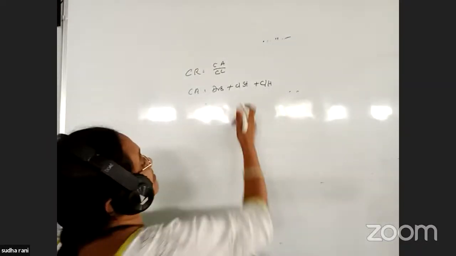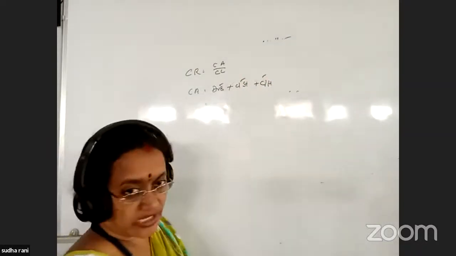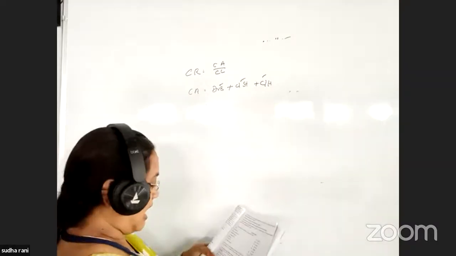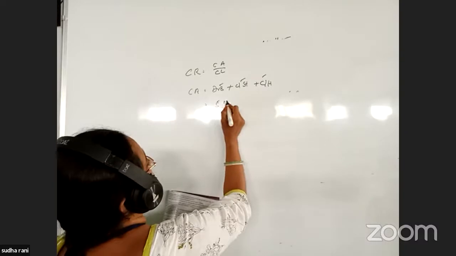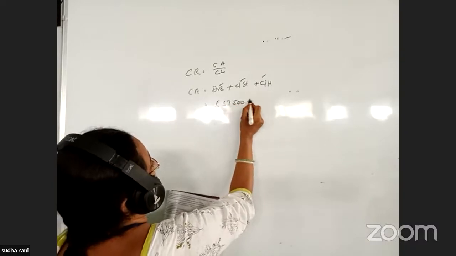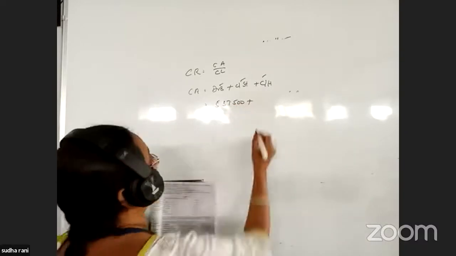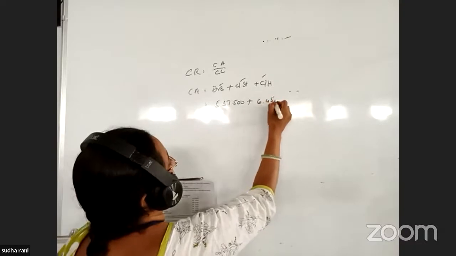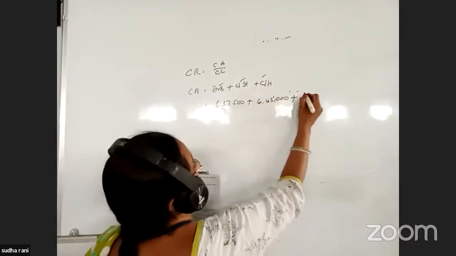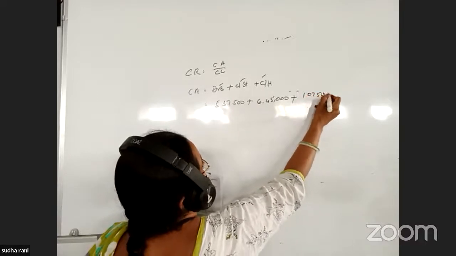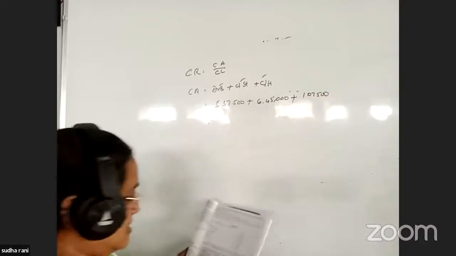So write down the components that you have taken under the current assets. After that, put the values: 5,37,500 plus closing stock 6,45,000 plus cash in hand 1,07,500. Add these.